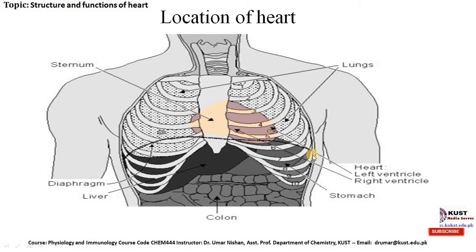You can see left ventricle and right ventricle are shown here, but in the coming slides we will see a more clear version of the heart. Here is the colon. So this is where the heart is located.